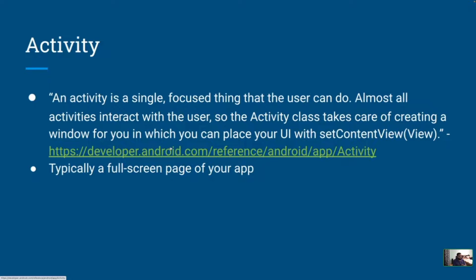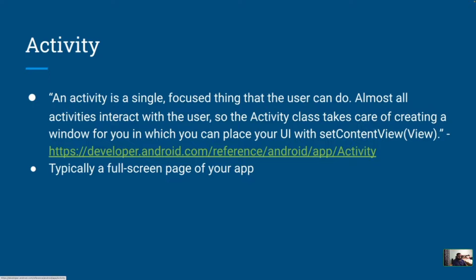It's a single focused thing that the user can do, and almost all activities interact with the user. The activity class takes care of creating a window for you in which you can place your UI with setContentView. That's kind of a loaded definition, but basically, it's a single focused thing that the user can do.